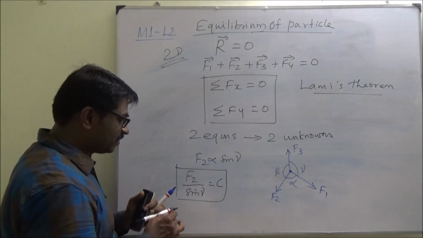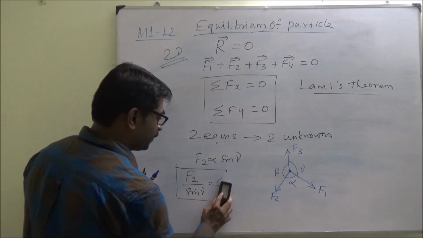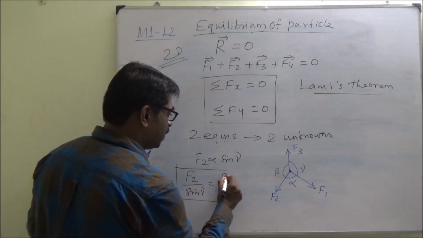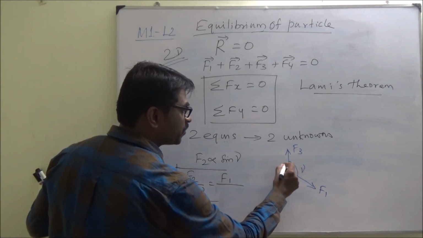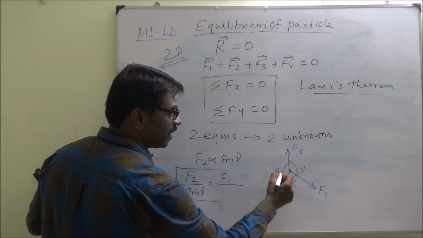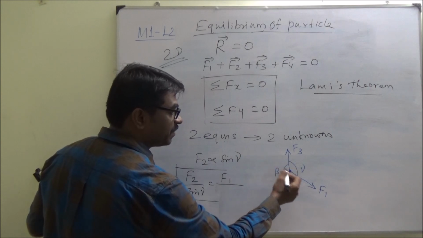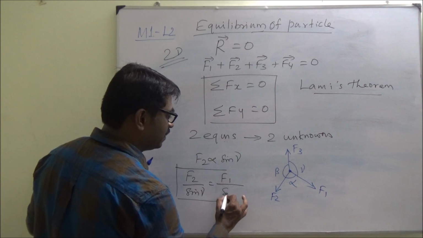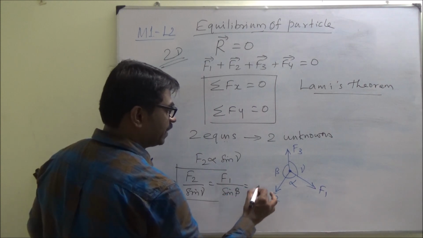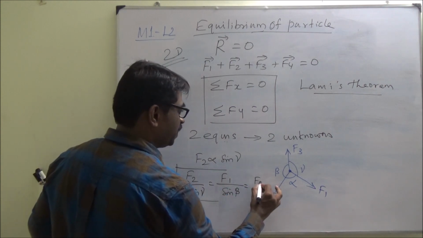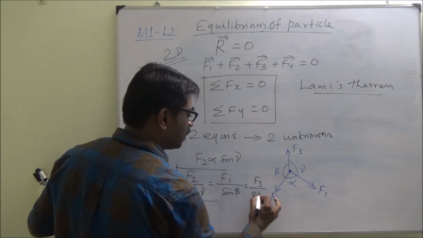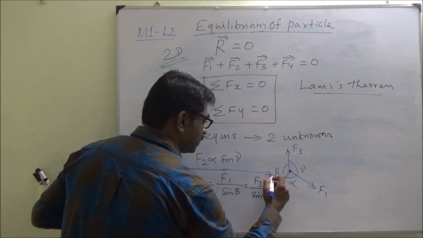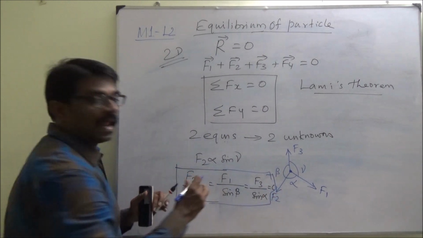When I write this, I can extend this to F1, with the opposite angle, the angle subtended by the other two forces, F2 and F3, is beta, and F3 by sine alpha equals the constant. So this is Lami's theorem.